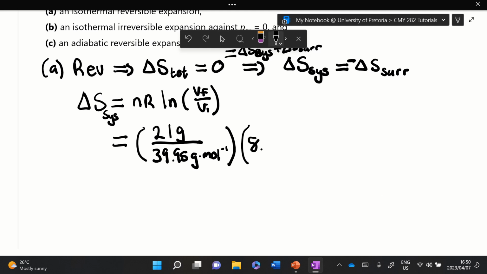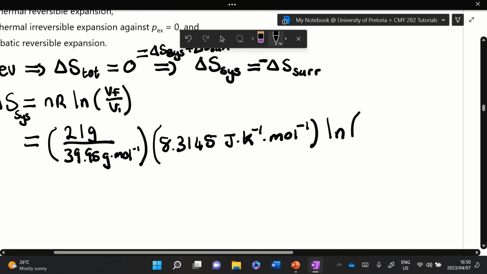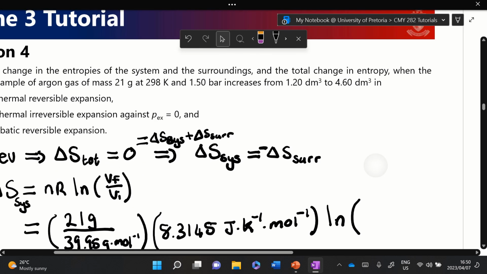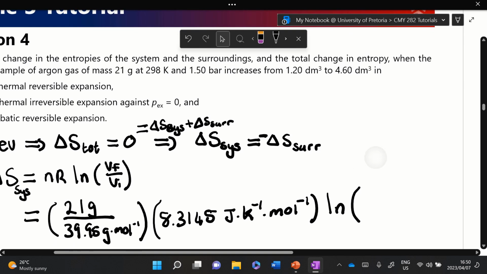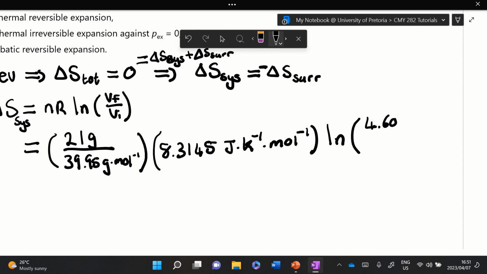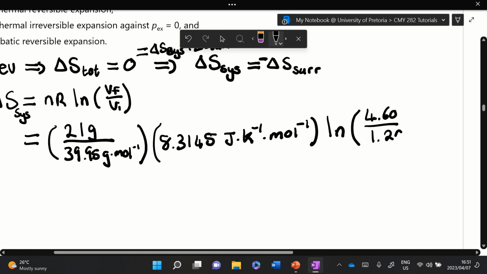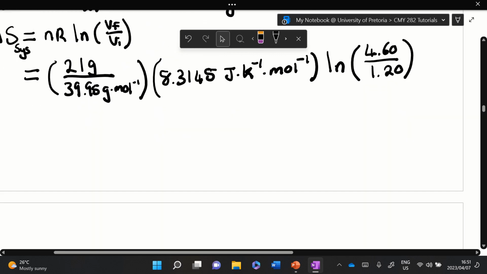Then R is 8.3145 joules per Kelvin per mole. What's our final volume? It's 4.6 cubic decimeters, over 1.2. So we plug that in.